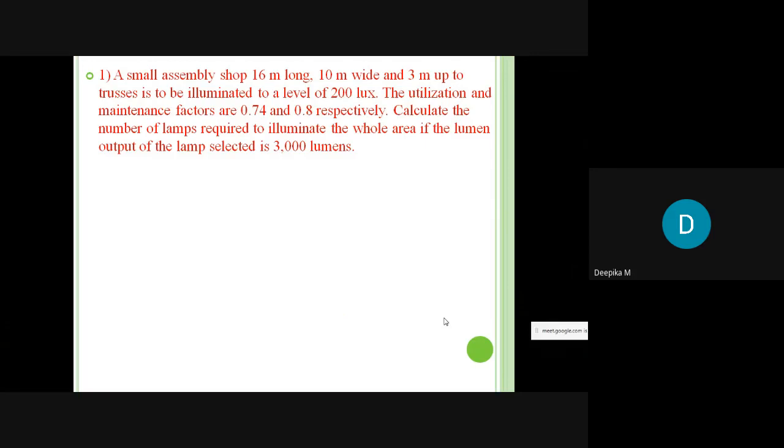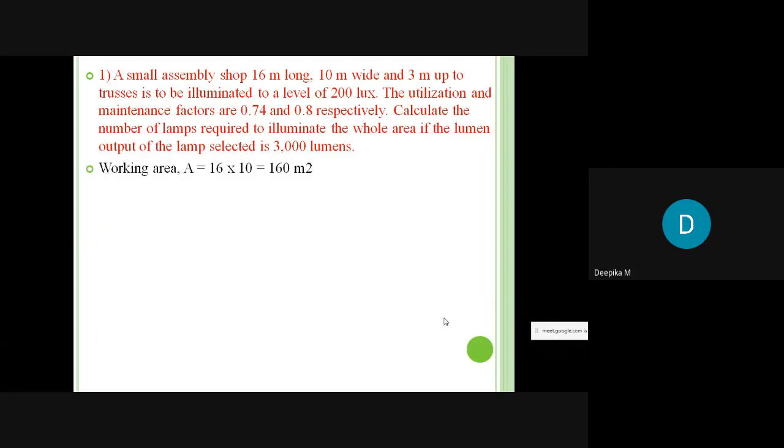We need to calculate the number of lamps required to illuminate the whole area, and the lumen output is given as 3000 lumens. So from this given data, we need to calculate how many lamps are required to illuminate such a small assembly shop.